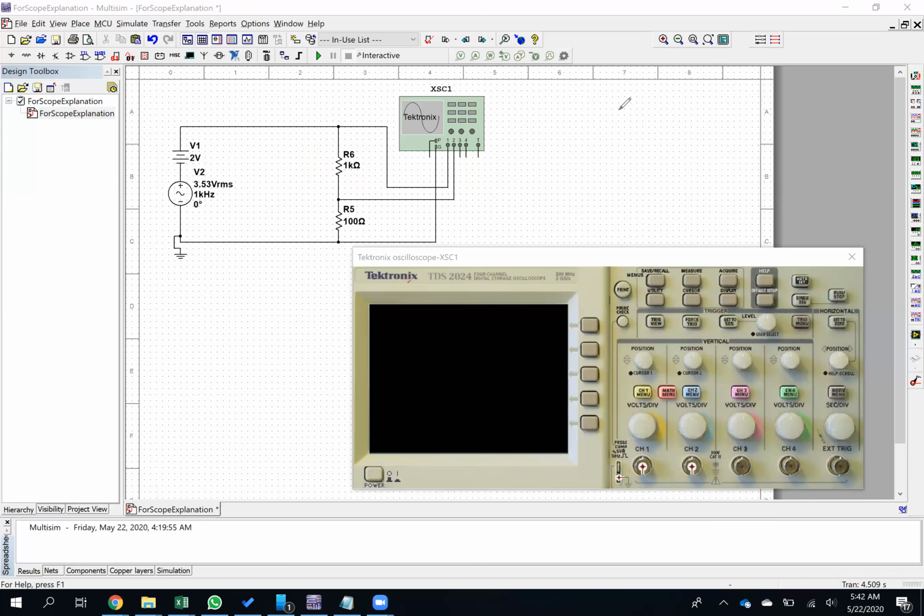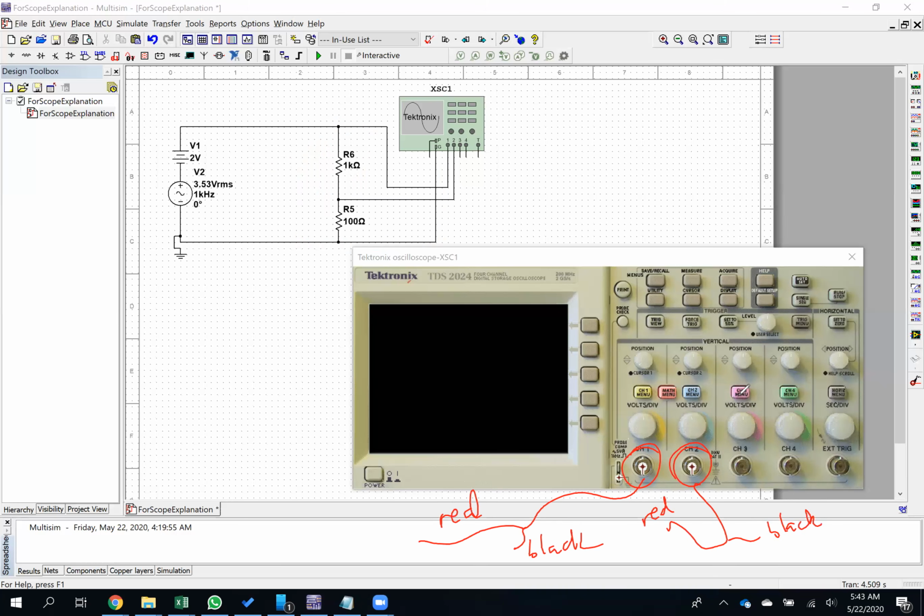The other thing to remember is that these channel 1 and channel 2 connections on the scope are right here, right? So this connector is going to branch out into a red lead and a black lead. And this one is also going to branch out into a red lead and a black lead.